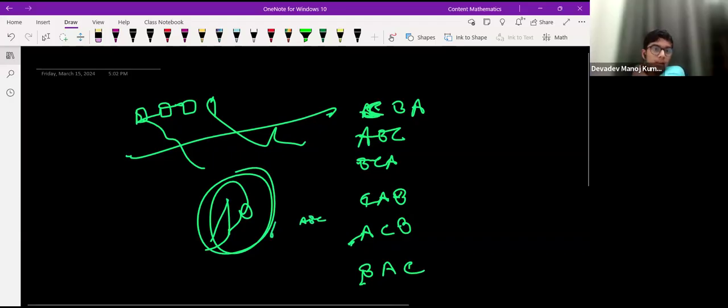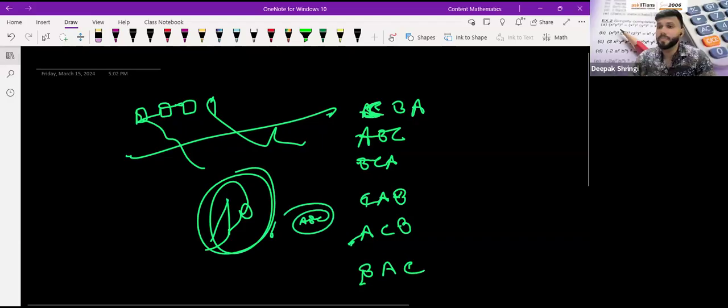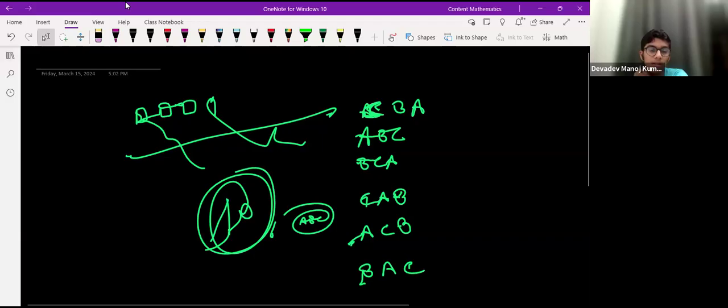So still three seats, right? Sir, how many seats? 10 seats, 10 persons.